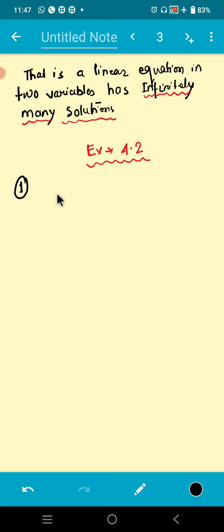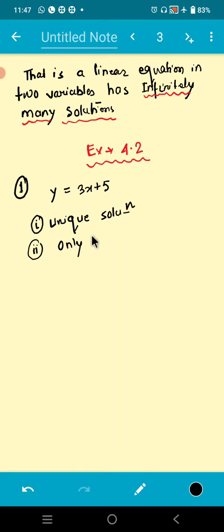Now in question number 1 we have a linear equation in two variables, that is y is equals to 3x plus 5, isn't it? And they have given us three options, that is 1, unique solution, number 2, only two solutions, and the third option they have given is infinitely many solutions.